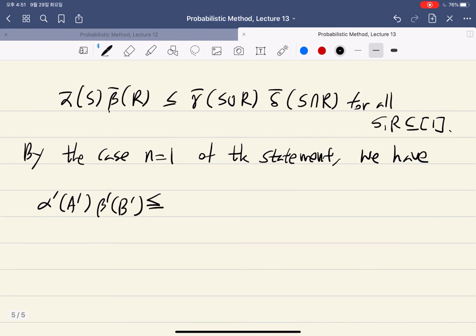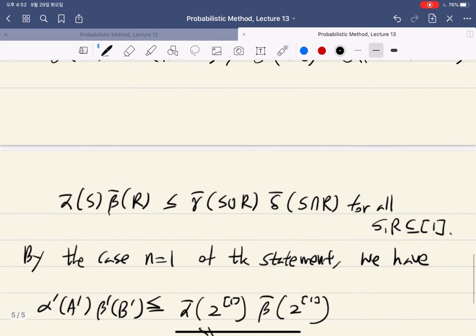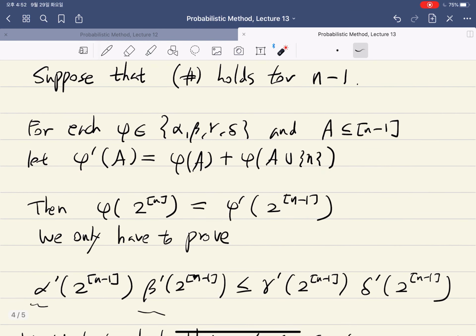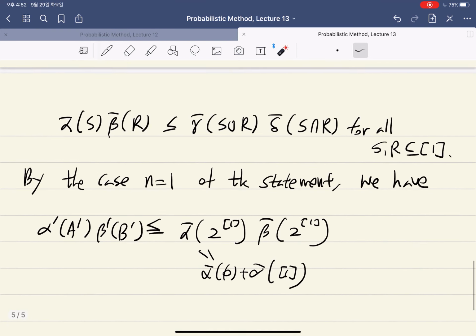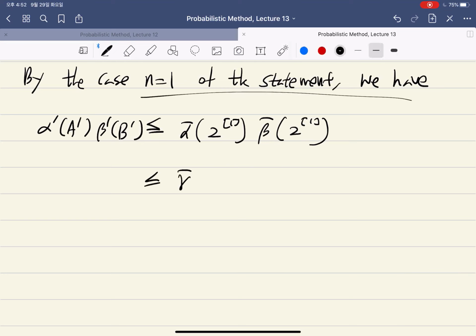That's exactly alpha bar of 2 to the 1 and beta bar of 2 to the 1. Again, this notation is the same as alpha bar of the empty set plus alpha bar of bracket 1, which is the definition of alpha prime. And because of the n equal 1 statement, this is at most gamma bar of 2 to the 1 and delta bar of 2 to the 1.